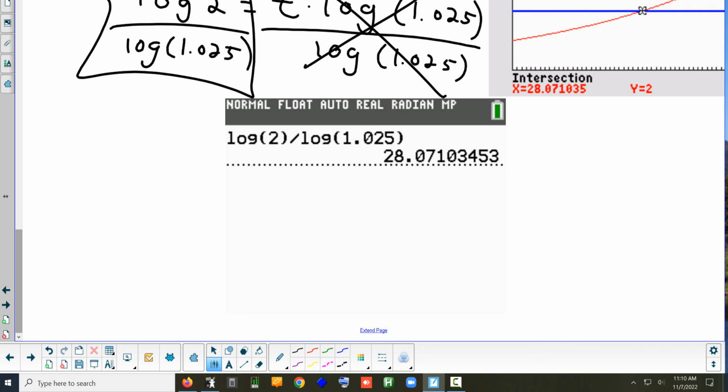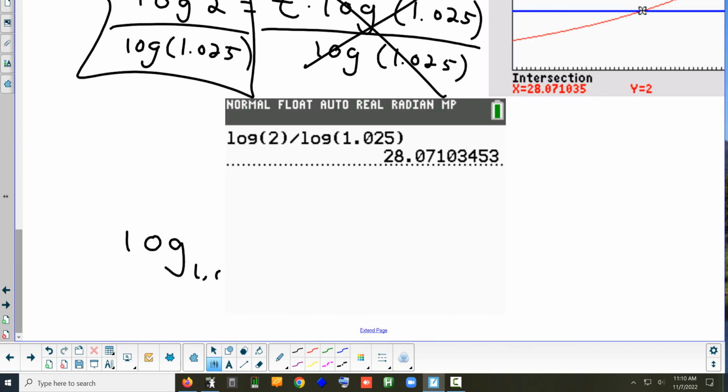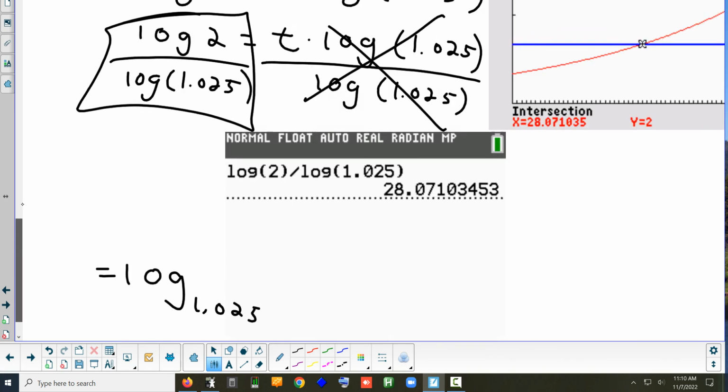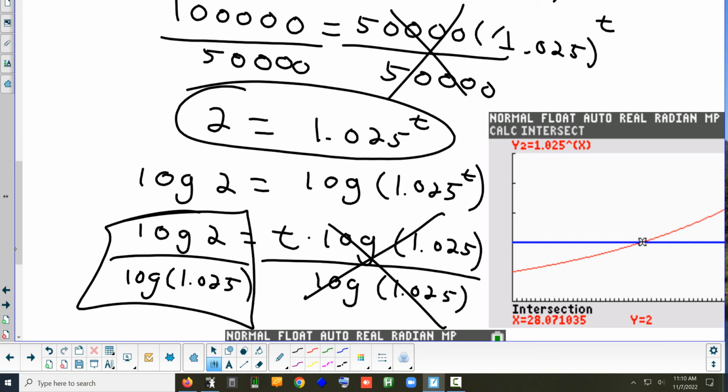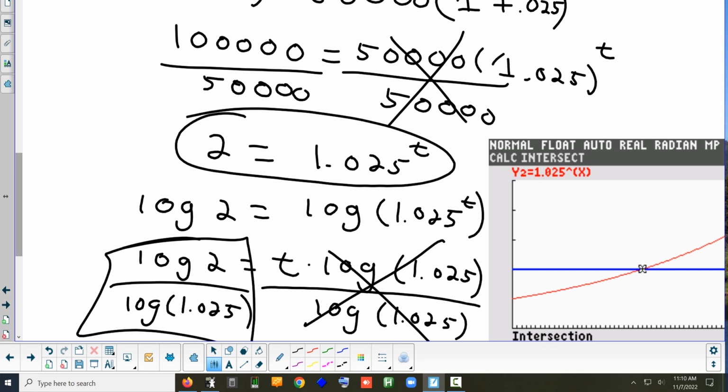Log. What is going to be my base? 1.025. A logarithm always equals what kind of number? Exponent. What was my exponent? t.